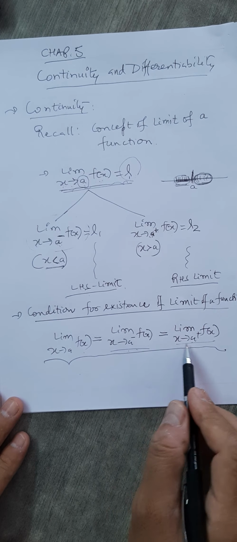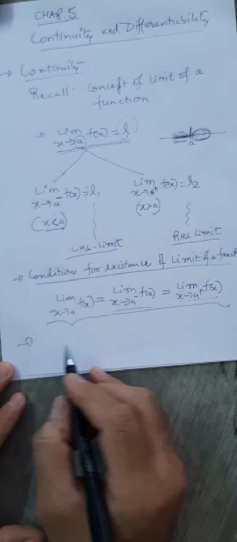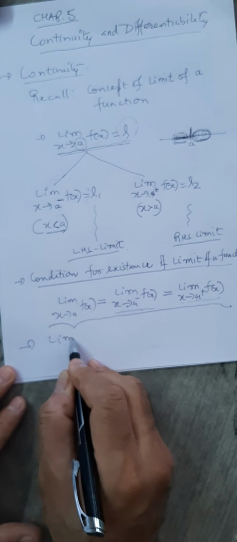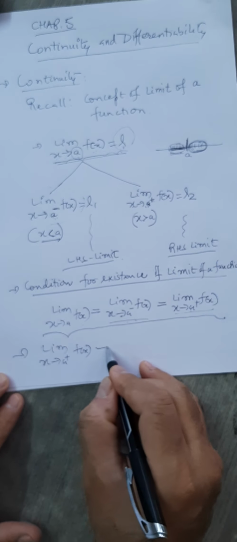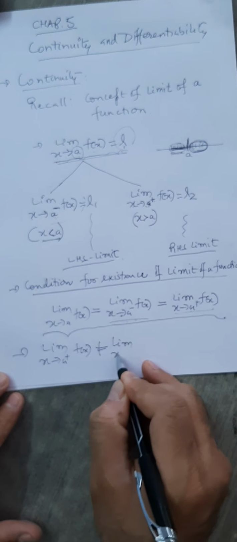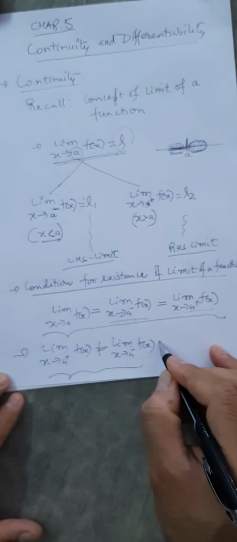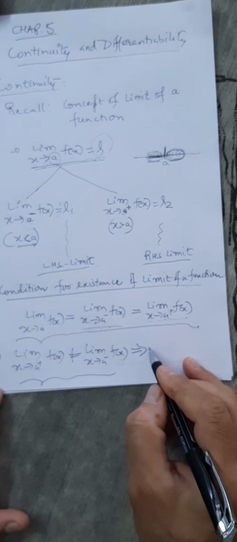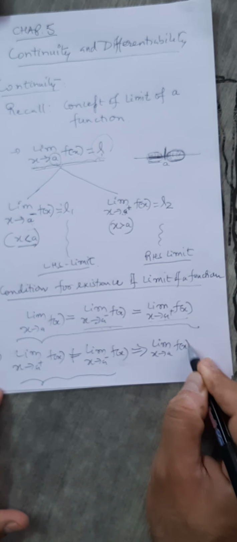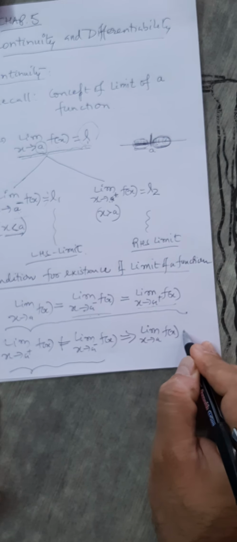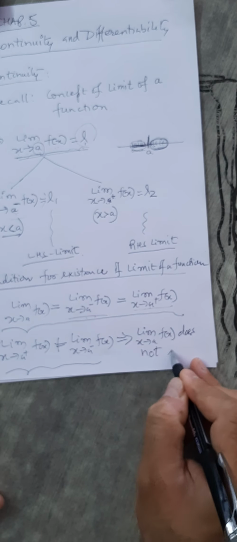In case if these two are different, then we say that the limit of the function doesn't exist. In case if we have limit x tends to a from right of f(x) is not equal to limit x tends to a from left of f(x), if these two are different, we say that limit x tends to a of f(x) does not exist.